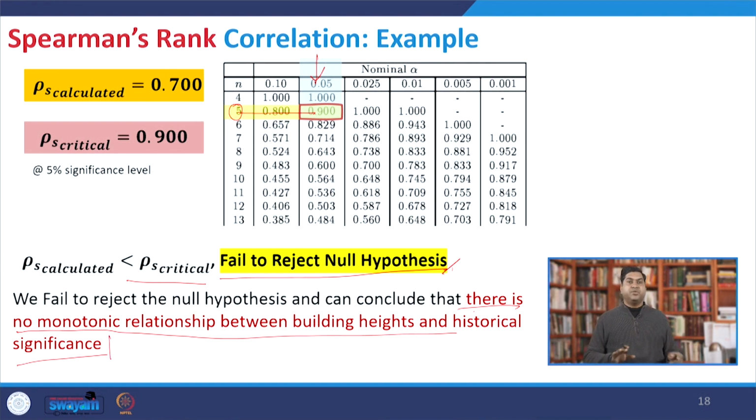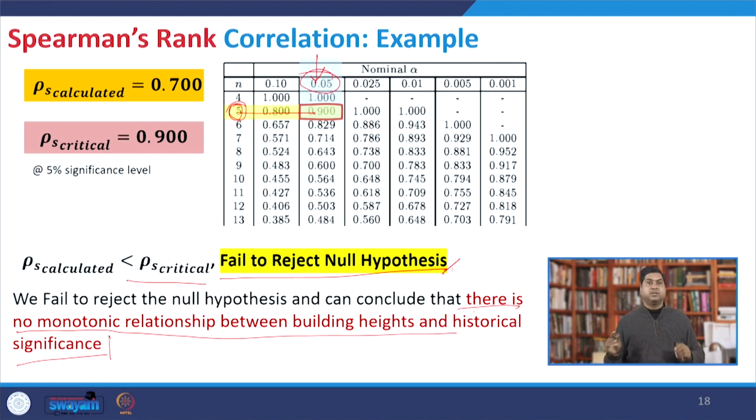The calculations are very easy, and whenever there are very few data points, it is very easy to do. But one thing you should remember is that in this case we compare this value with 0.9. The reason is that the total number of observations is 5, but there is also a particular influencing aspect, which is the significance level.